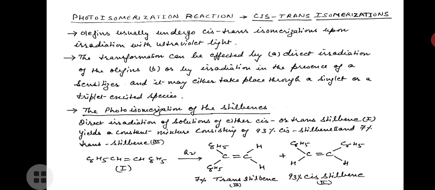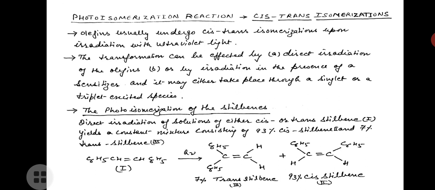At the photostationary state, there is a conversion from the cis to the trans and trans to the cis in equal amount, equal rates of the reaction, and thereby it reaches a steady state population called the photostationary state.